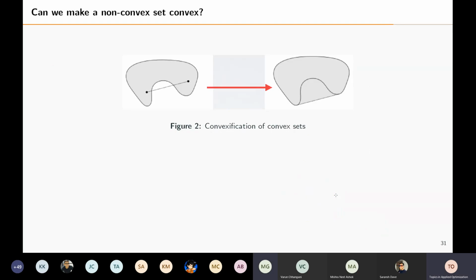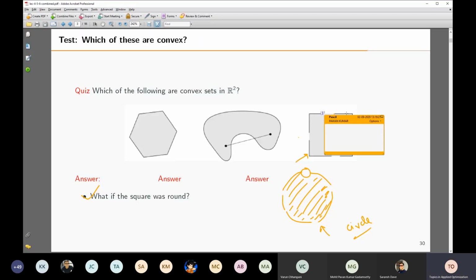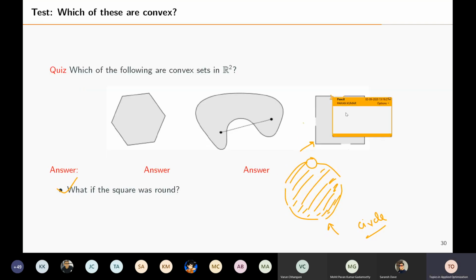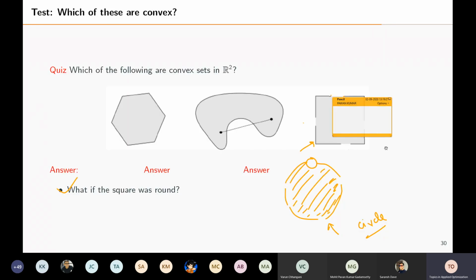Sir, can you explain once why the square is not convex? Yeah, square is not convex because this point I took and I took another point, this one, just in the boundary, right? Let me. Strange things are happening. I don't know why this is coming here.